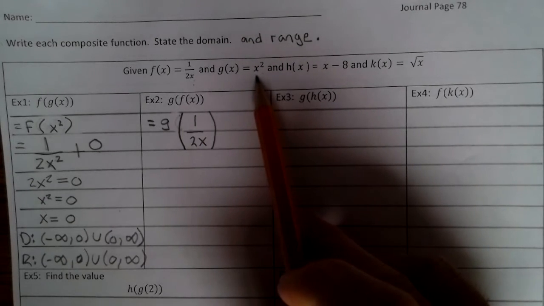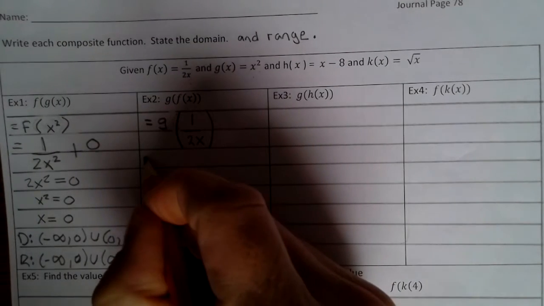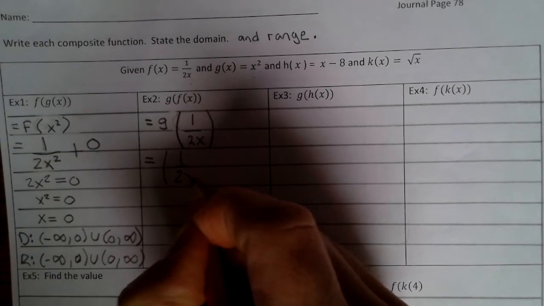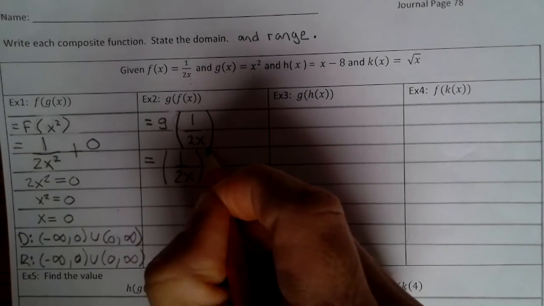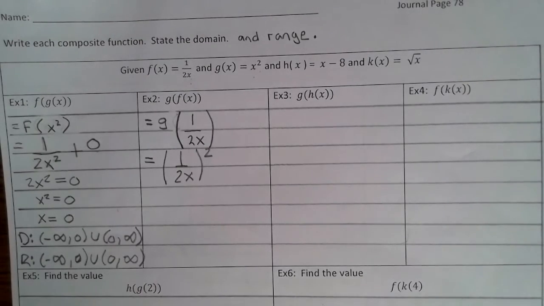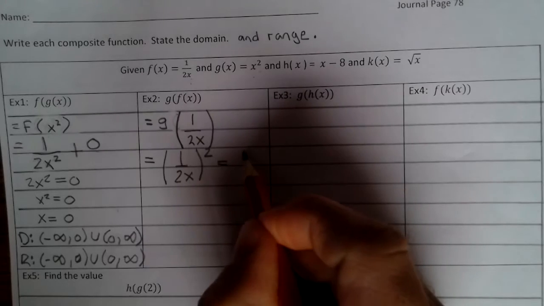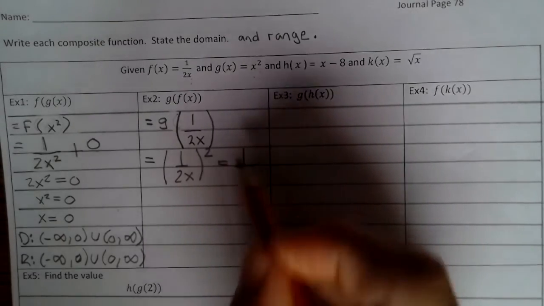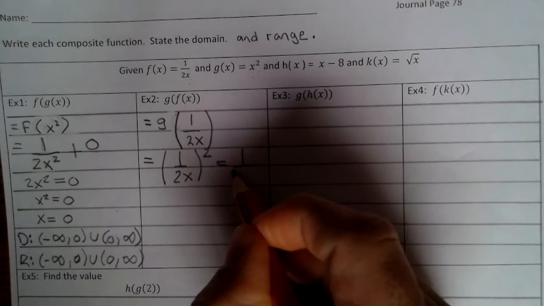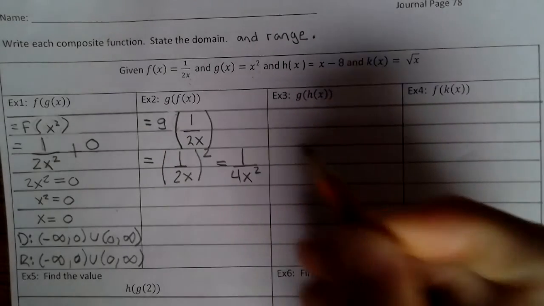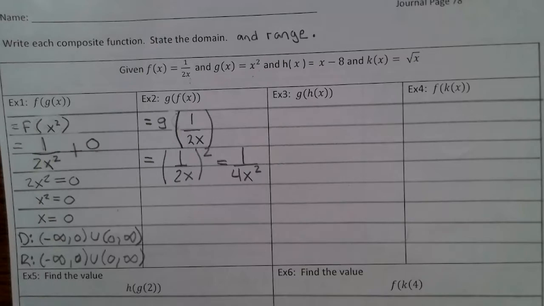So that's equal to 1 divided by 2x squared. Well, that equals 1 squared is 1, divided by 2 squared is 4, and x squared is x squared. All right.